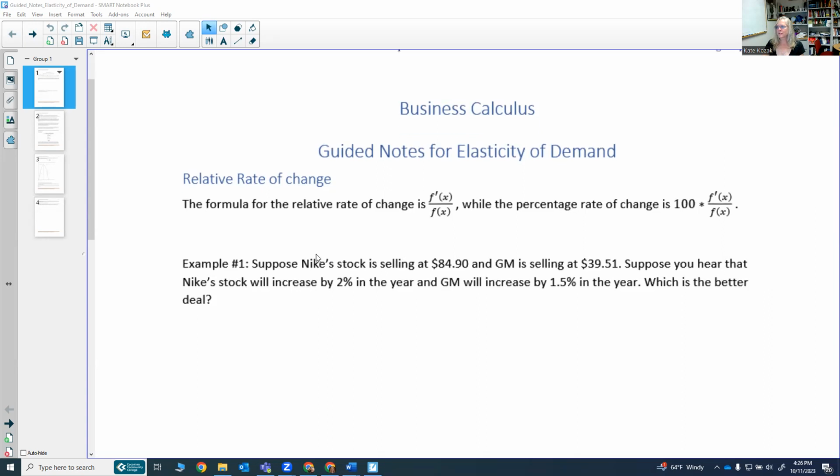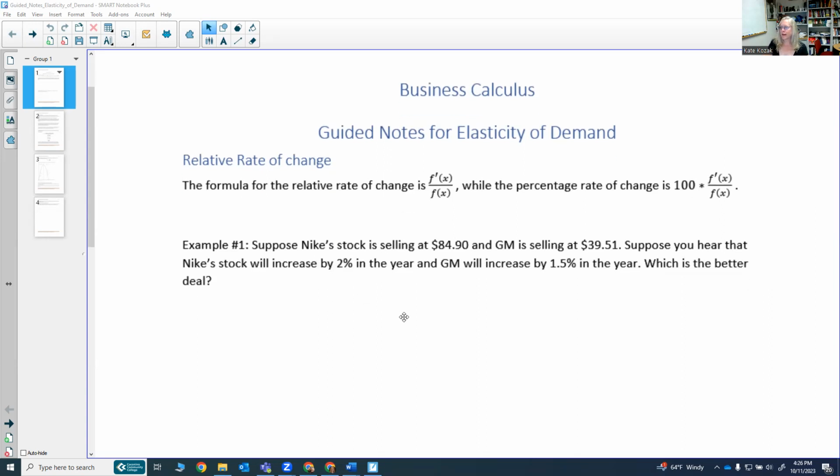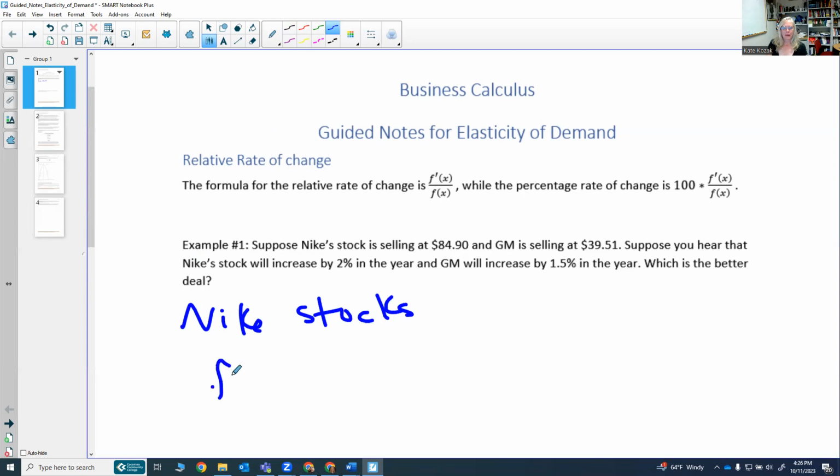Nike stock is increasing by 2%, so the rate of change for Nike stock is f prime of x equal to 2%.